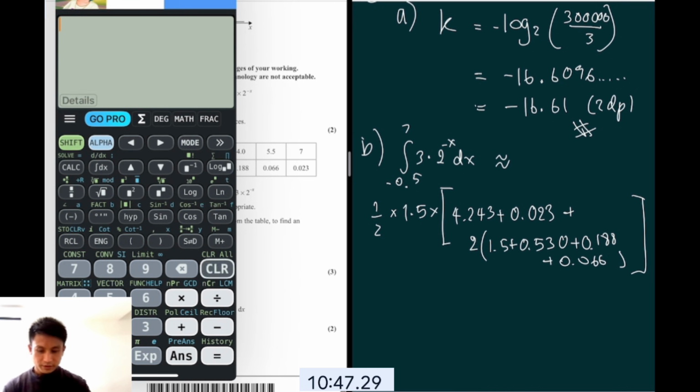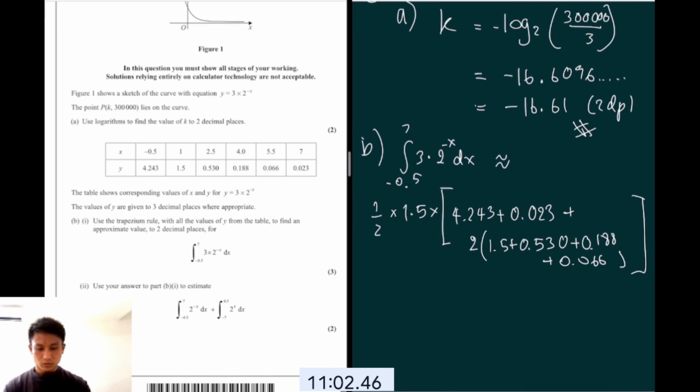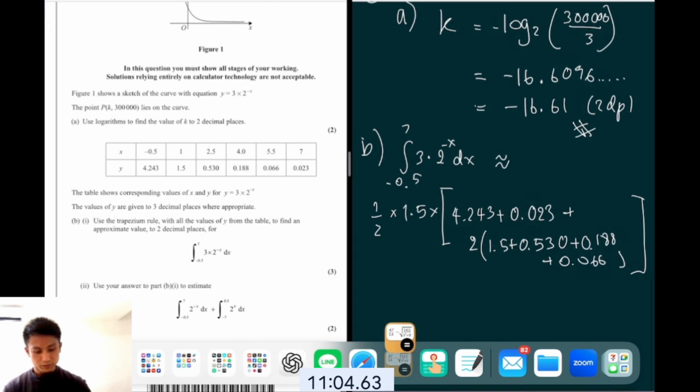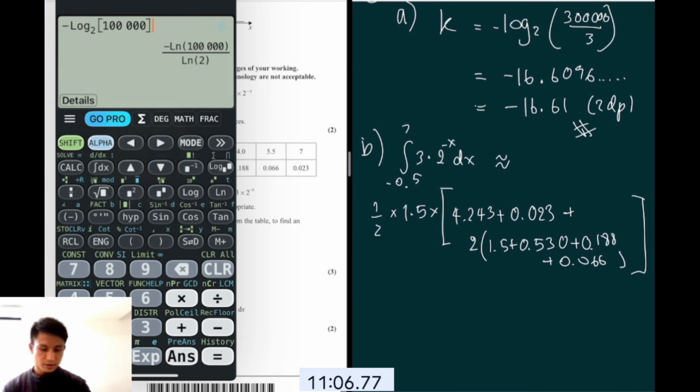So we just put everything into a calculator. 0.5 times 1.5 times big parentheses 4.243 plus 0.023. Oops. The app just shut down for some reason. I need to open back up.